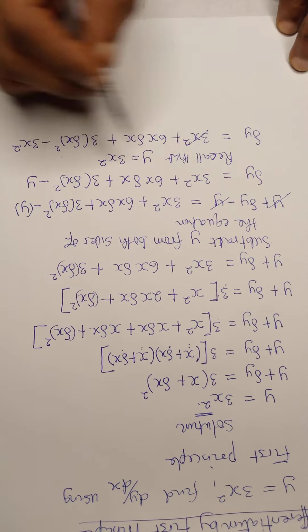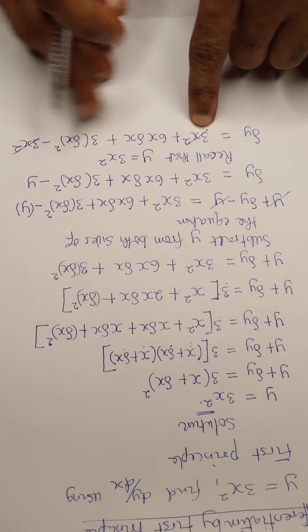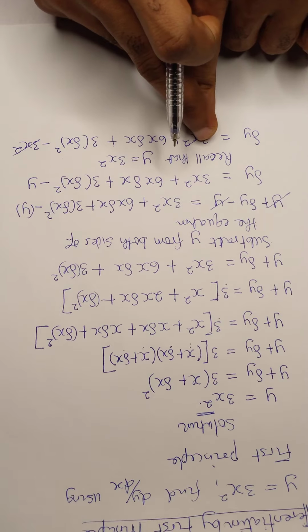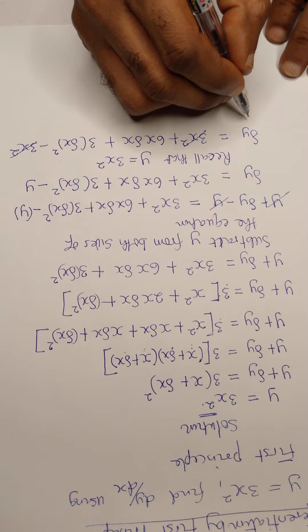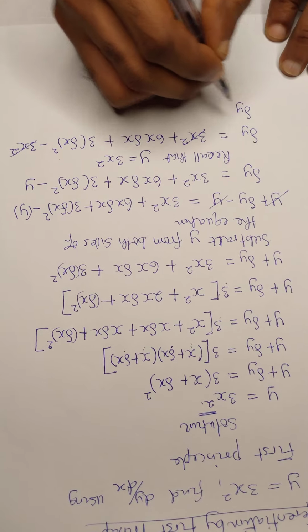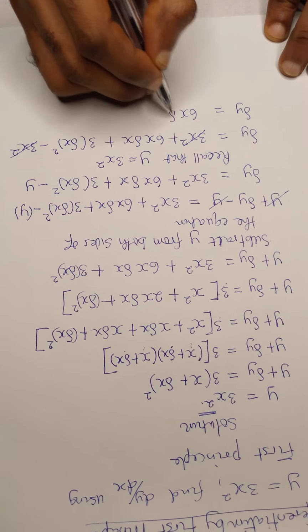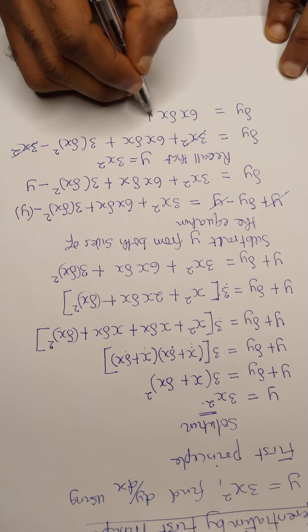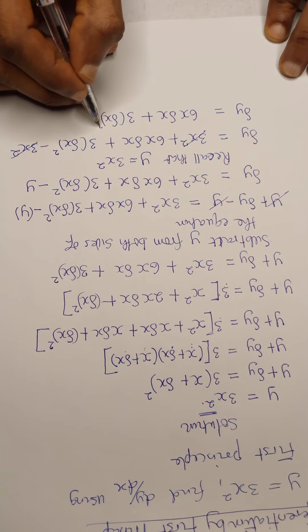That is, we are replacing y with 3x squared, since y is equal to 3x squared. So from here we can cancel out this, because this is plus and this is minus. So 3x squared minus 3x squared will be 0. So we are left with change in y equals 6x change in x plus 3 into change in x all squared.